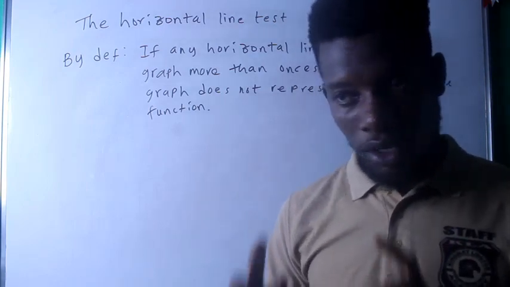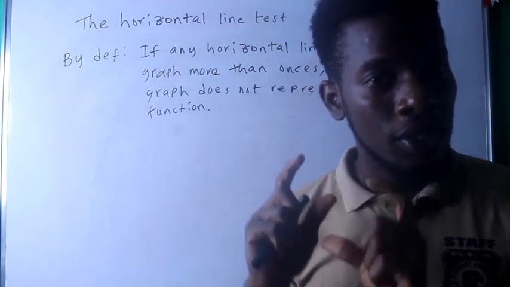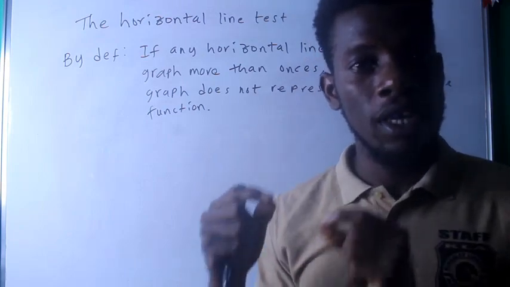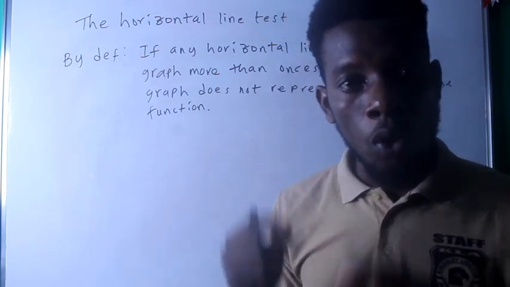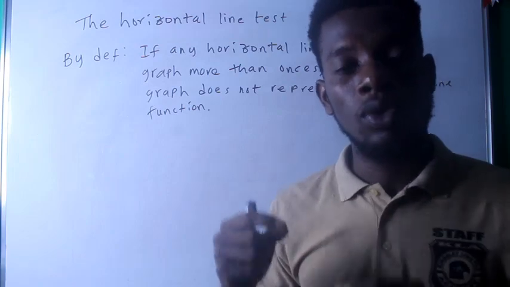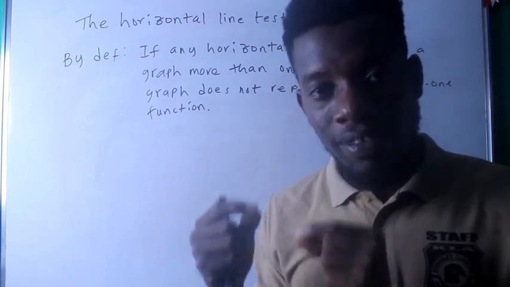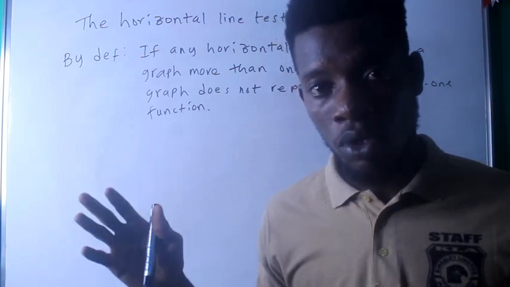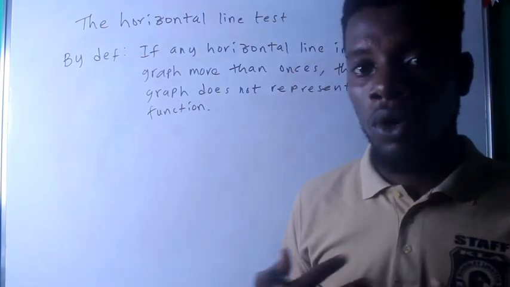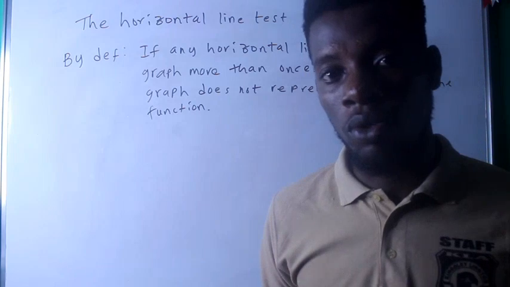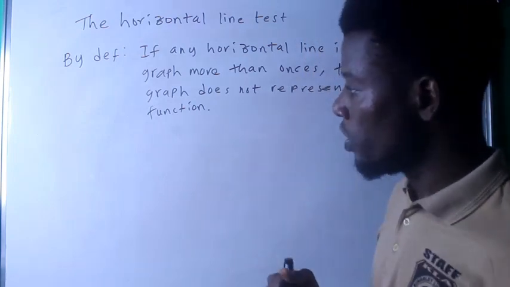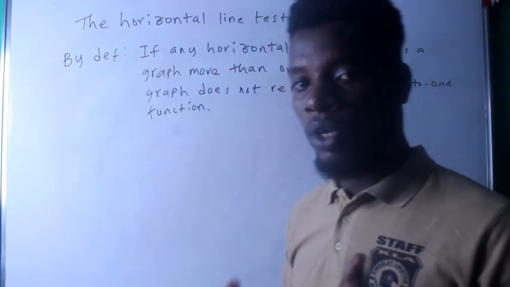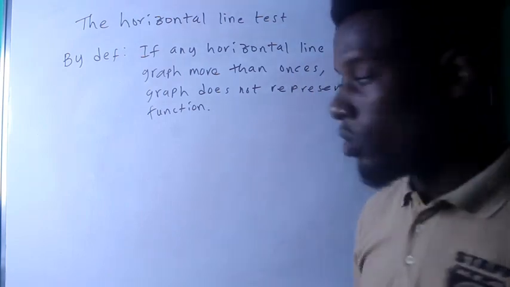Get that clear? The vertical line test is used to tell whether a graph is a function. The horizontal line test is to determine whether that function is a one-to-one function. There are several functions that are not one-to-one, so the horizontal line test will only tell us whether that function is one-to-one. That's all.